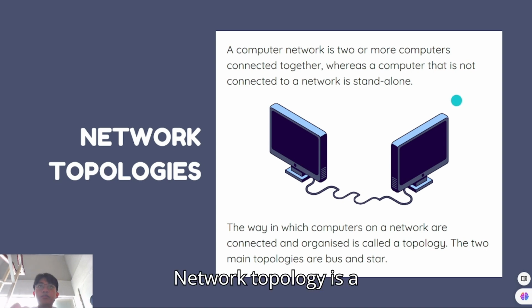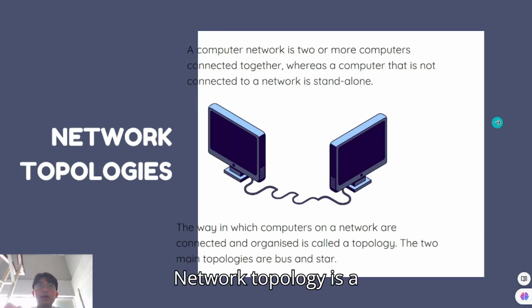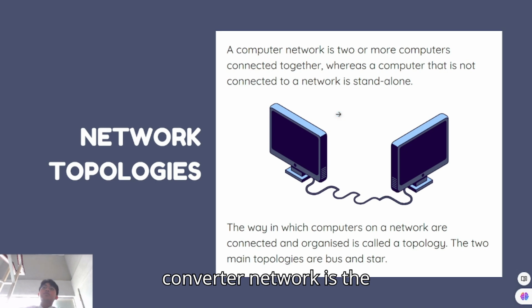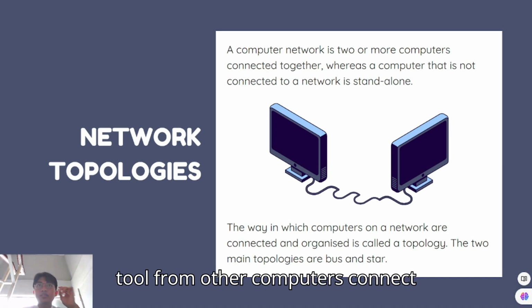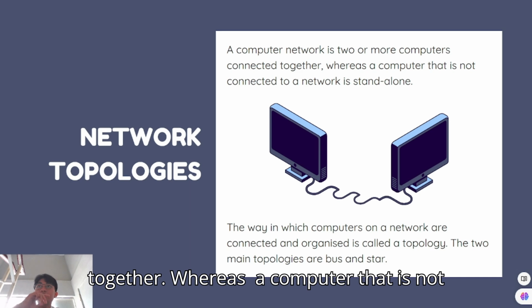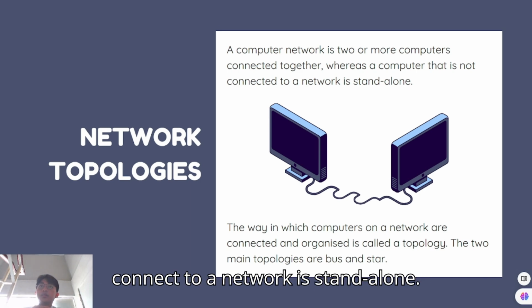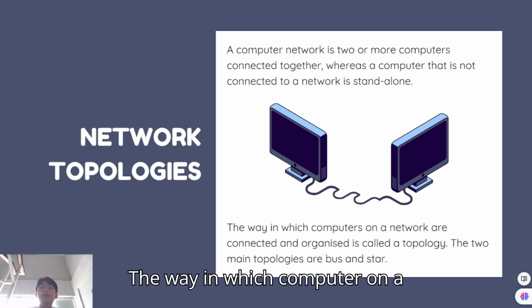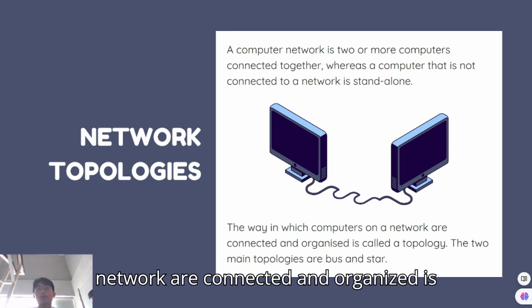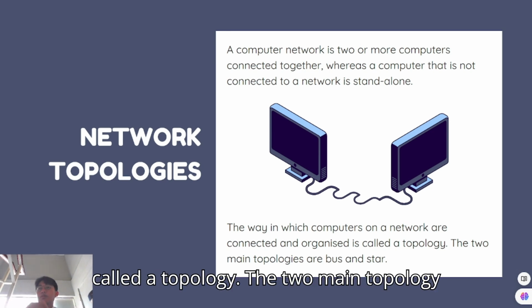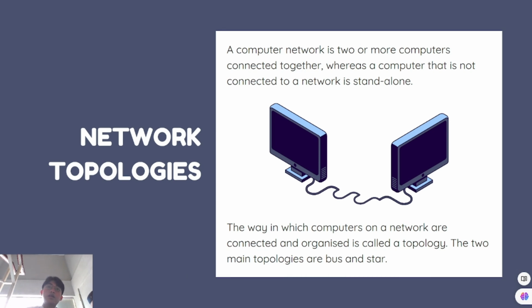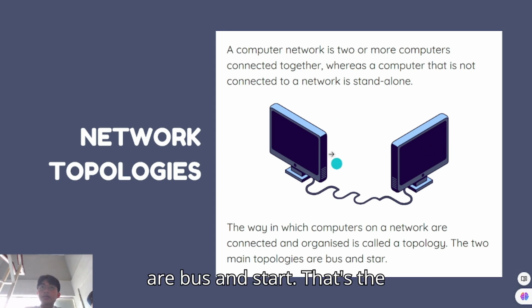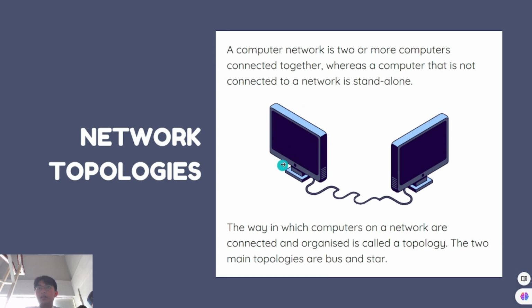Network topologies. A computer network is two or more computers connected together. A computer that is not connected is not in a network. The way in which computers and networks connect is called a topology. The two main topologies are bus and star. A simple example is PC1 and PC2.